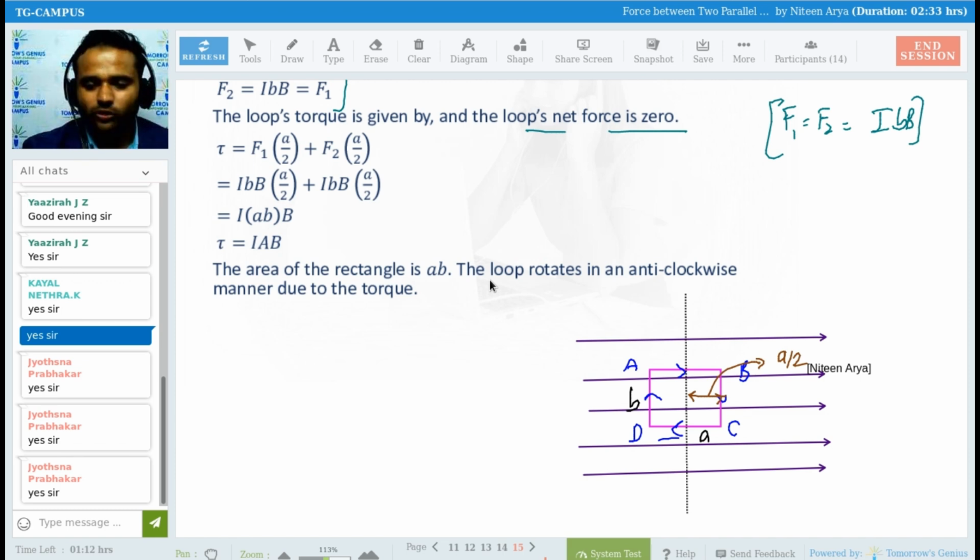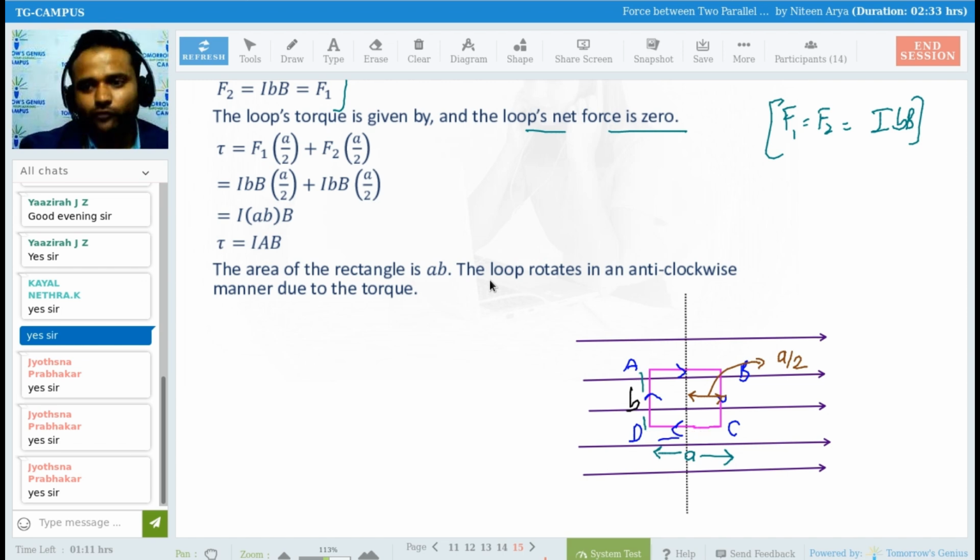Clear? If this is your whole a, this is your a by 2. Just give me a minute. And this one is your a, the whole length, and this one is b.